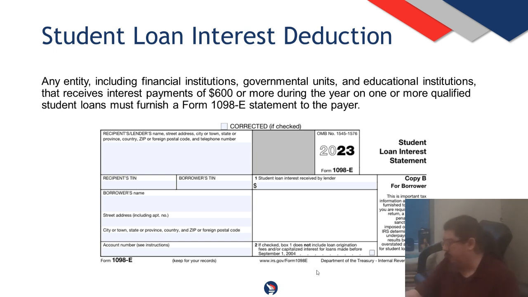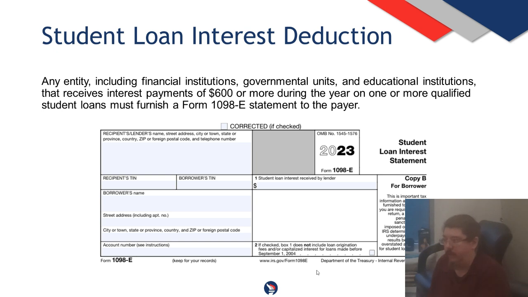But a qualified student loan, I may be getting ahead, but a qualified student loan is any loan that you used 100% for educational expenses. In this case, educational expenses do include room and board.